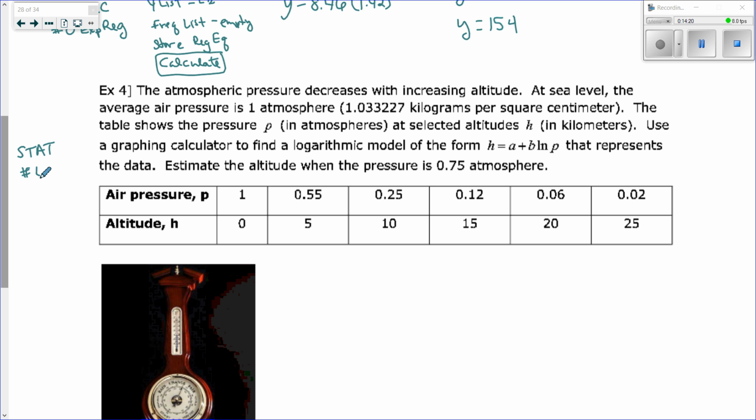I'm going to do number 4, which is CLR LIST, clear list. That clears out your data. Then go back into stat number 1 and edit your list. This is X. This is Y.